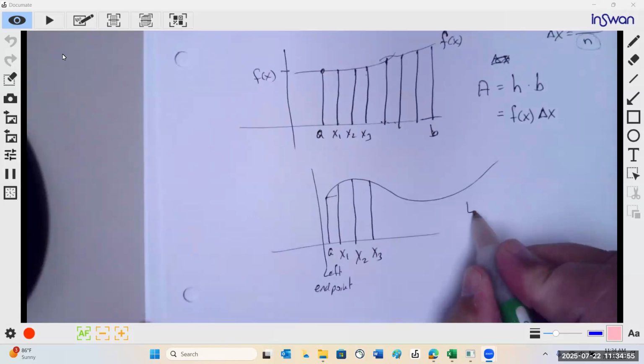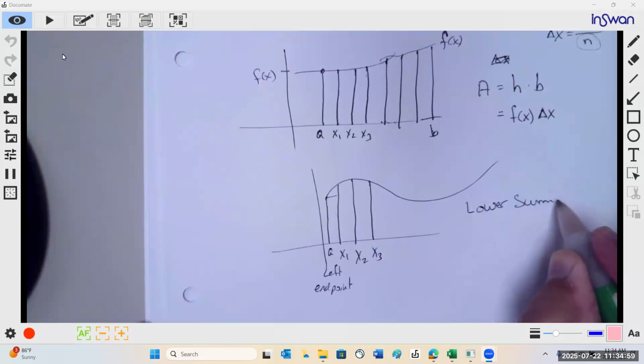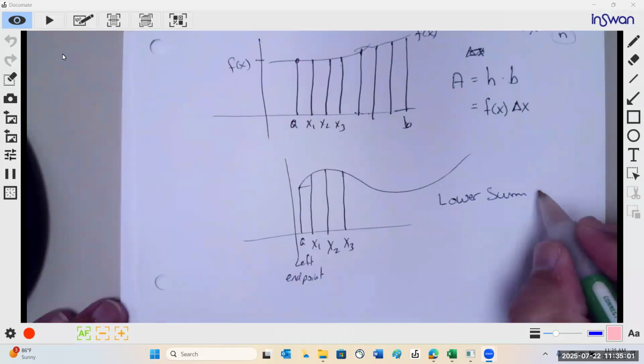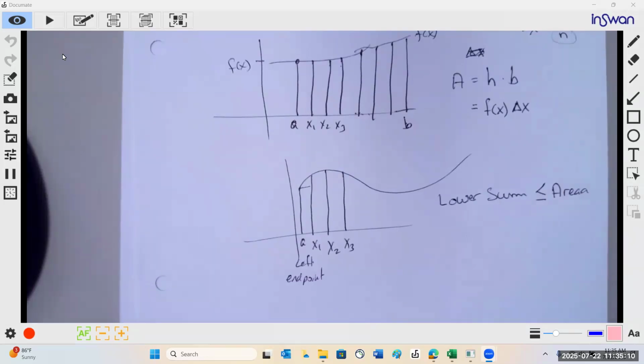We call that a lower sum. This is going to be less than or equal to the actual area of the curve.